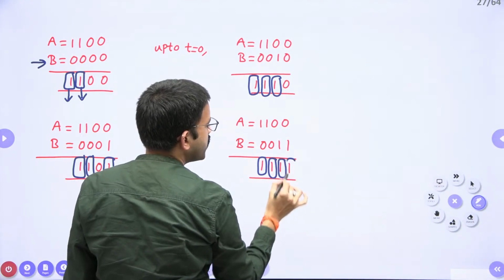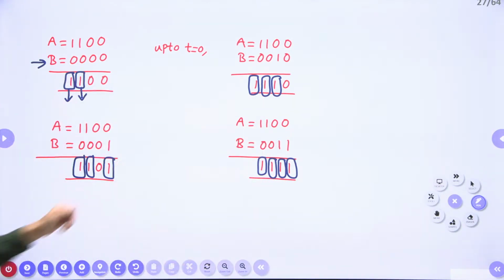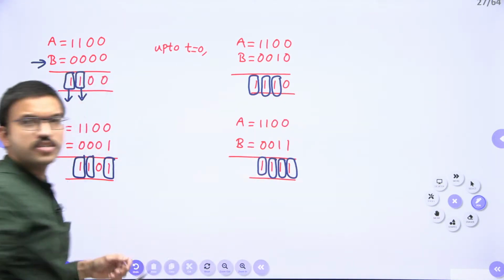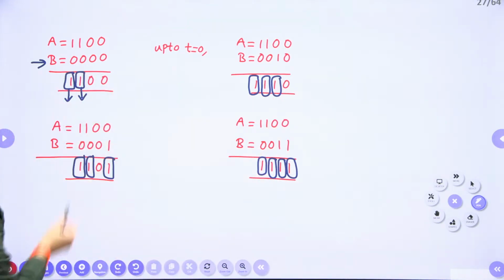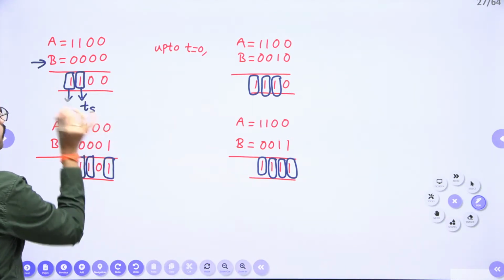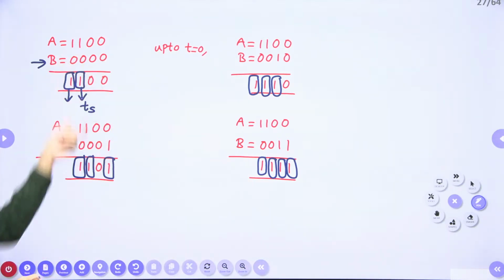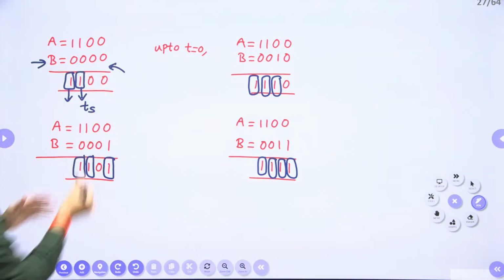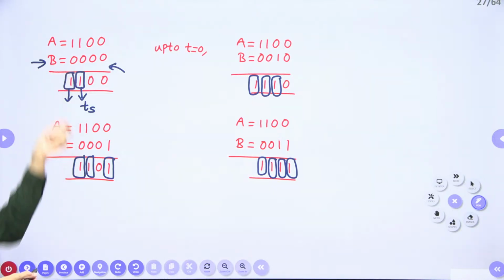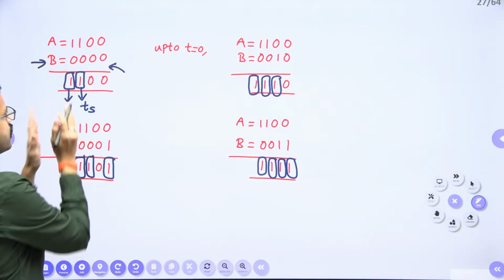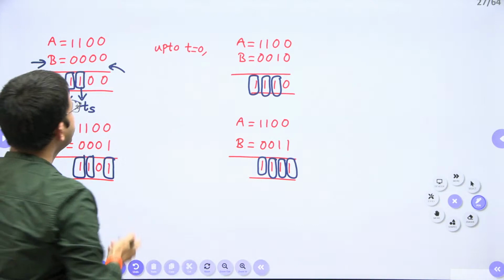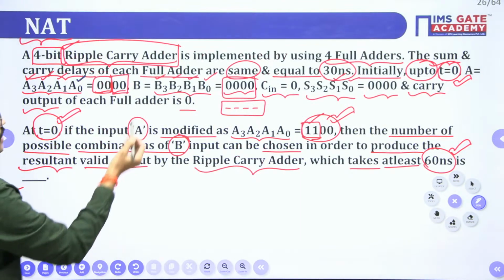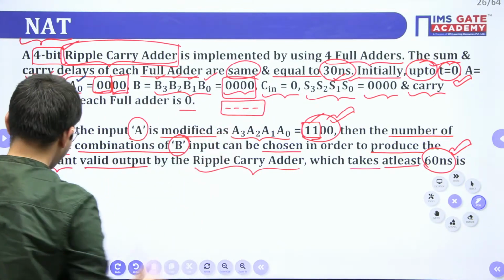For each full adder, since there is no carry input, each full adder will take the same amount of time for producing the sum delay. Yes or no? If you are having 4 stages, since carry input is 0 at any stage, obviously each and every stage full adder will produce the sum bit at the same time. Regarding sum bit, they have mentioned in the question the sum delay as 30 nanoseconds.